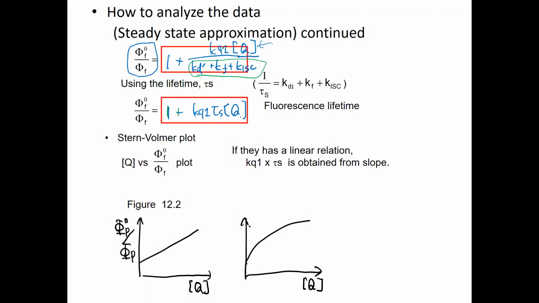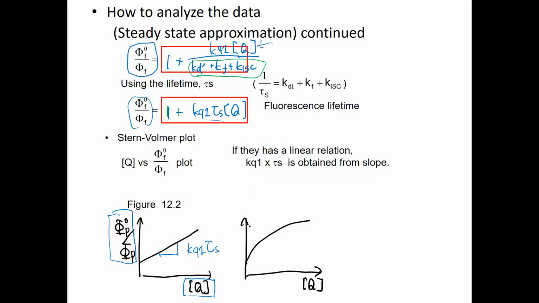So now it's getting easier to understand, because you take this one on the vertical axis, and by changing the Q, you can make a plot. And this equation indicates this has the slope of KQ1 tau S, right? So you can know the lifetime or the quencher rate.